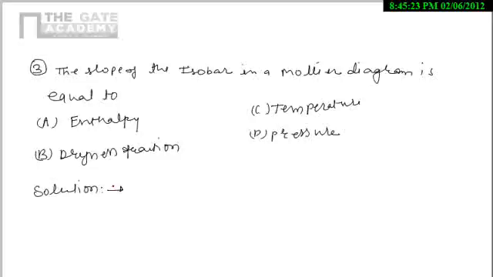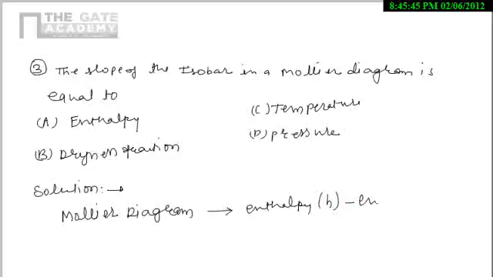Here we are interested in slope of the isobar in a Mollier diagram. So Mollier diagram is nothing but enthalpy entropy diagram. So I am writing here Mollier diagram is nothing but enthalpy entropy diagram.